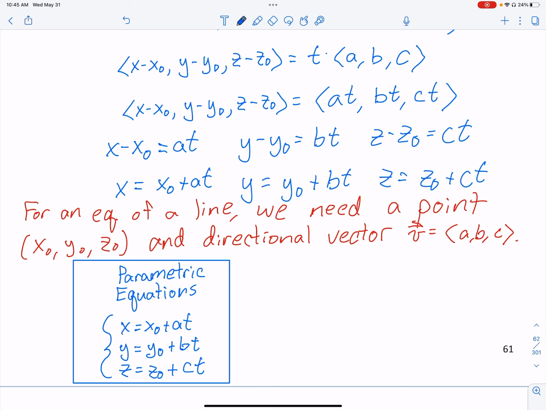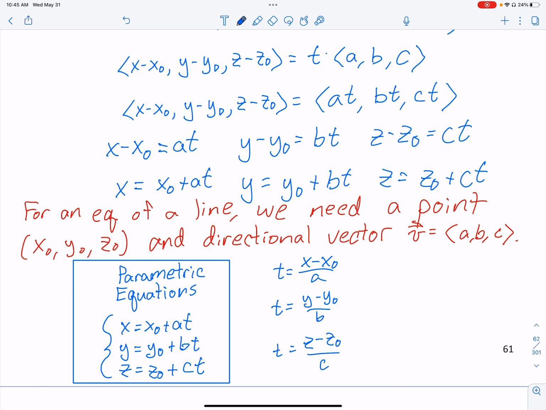So if I solve the x equation for t, I get t equals x minus x naught over a. For the second equation, if I solve for t, I get y minus y naught over b. And for z, t equals z minus z naught over c. We actually have another way to represent a line using this.